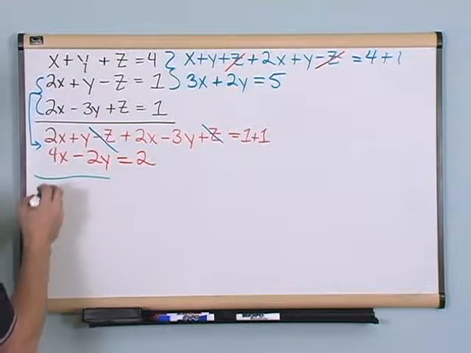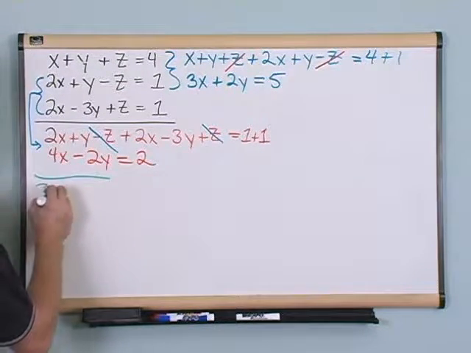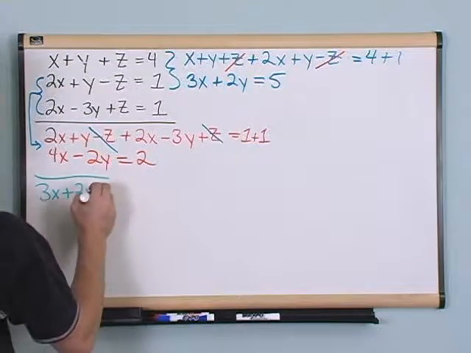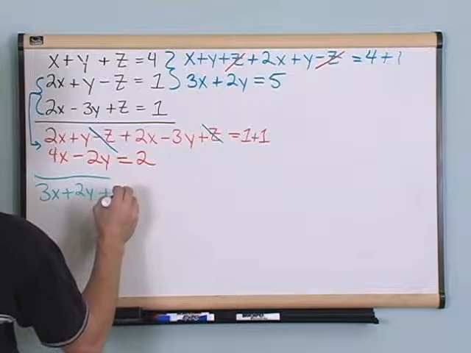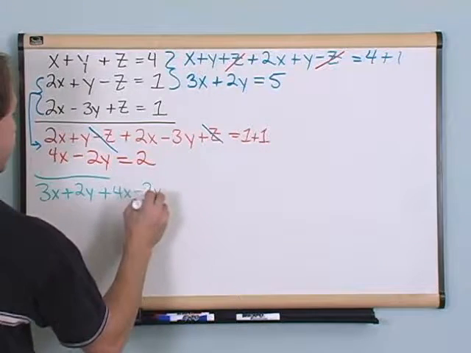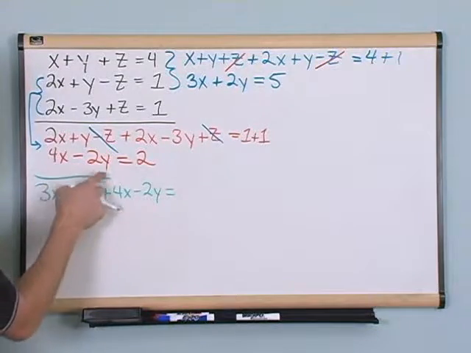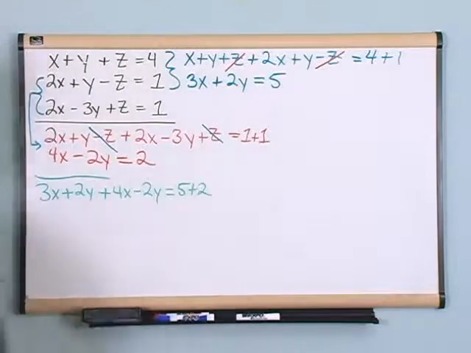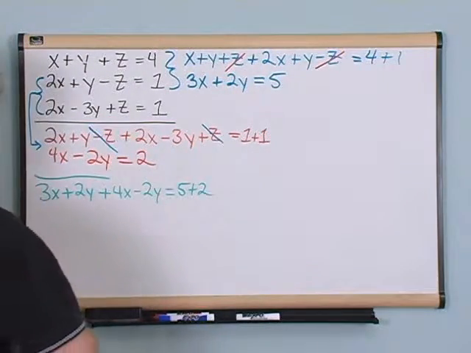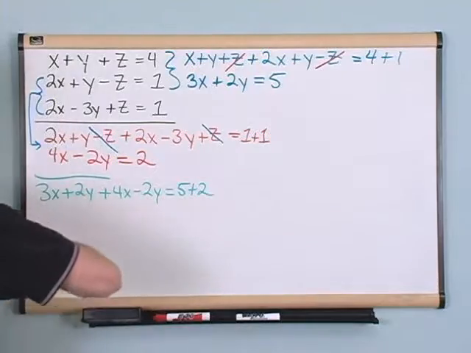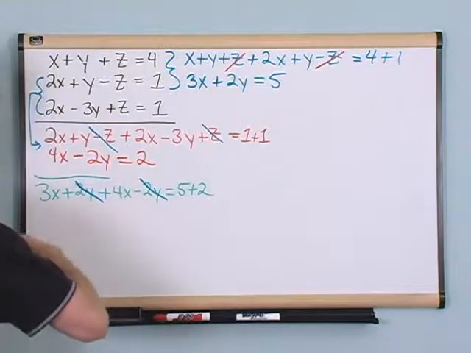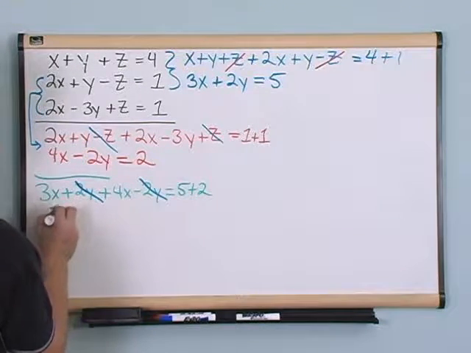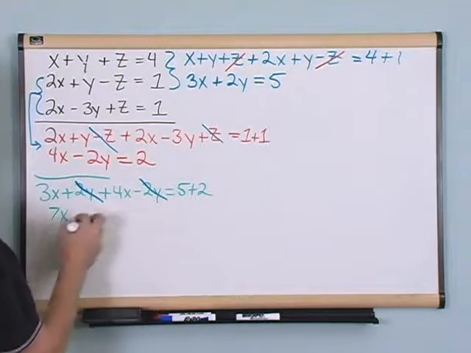I'm going to use a different color because we're moving on to something different. 3x plus 2y plus 4x minus 2y equals 5 plus 2. The 2y cancels with the negative 2y because they subtract to 0. But the 3x plus the 4x is 7x equals 7.